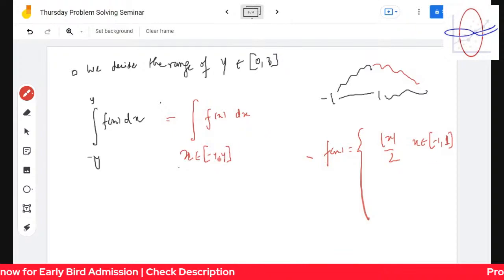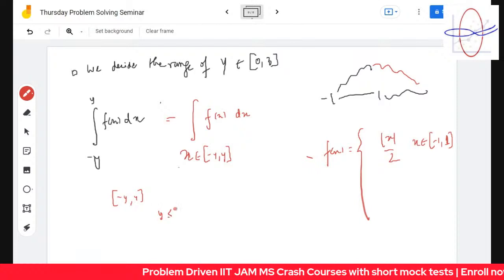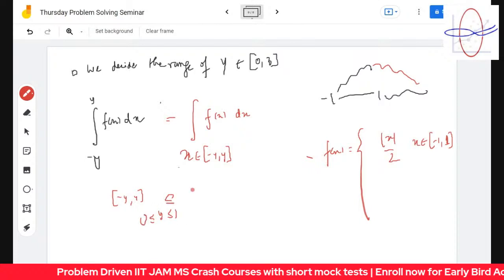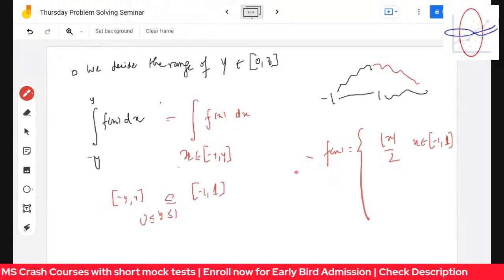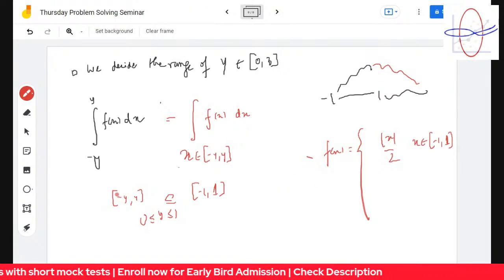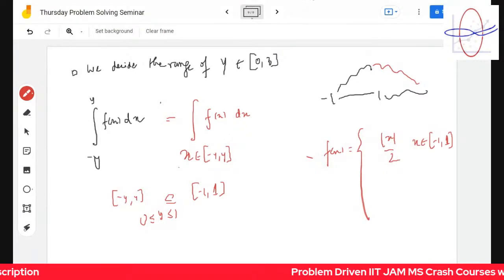So if we take any y value between 0 and 1, this is a subset of minus 1 and 1. This value lies between minus 1 and 1. So therefore, in this region, for y between 0 and 1, f(x) is actually mod x by 2. Did you understand this, Tishika?